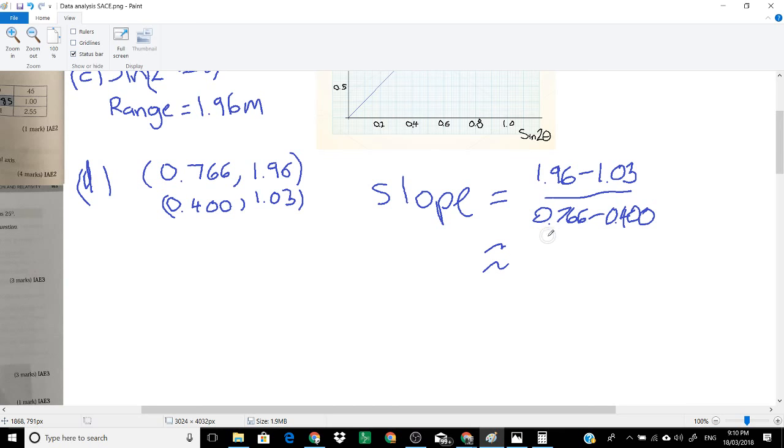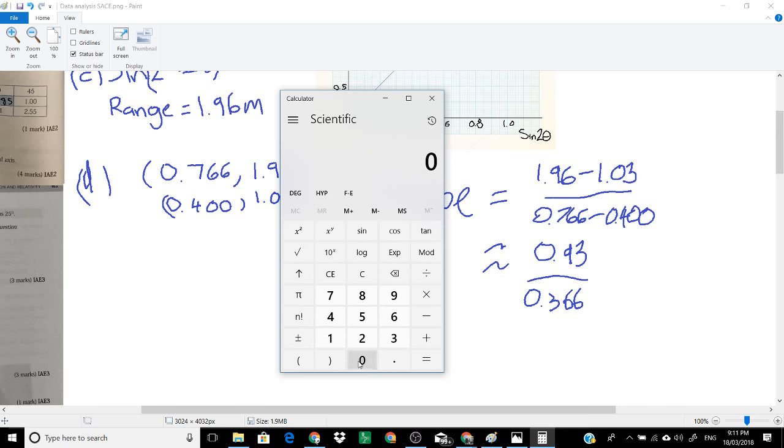That's about 0.93 over 0.366. Let's go calculate, see what that says. Yeah, 2.541.